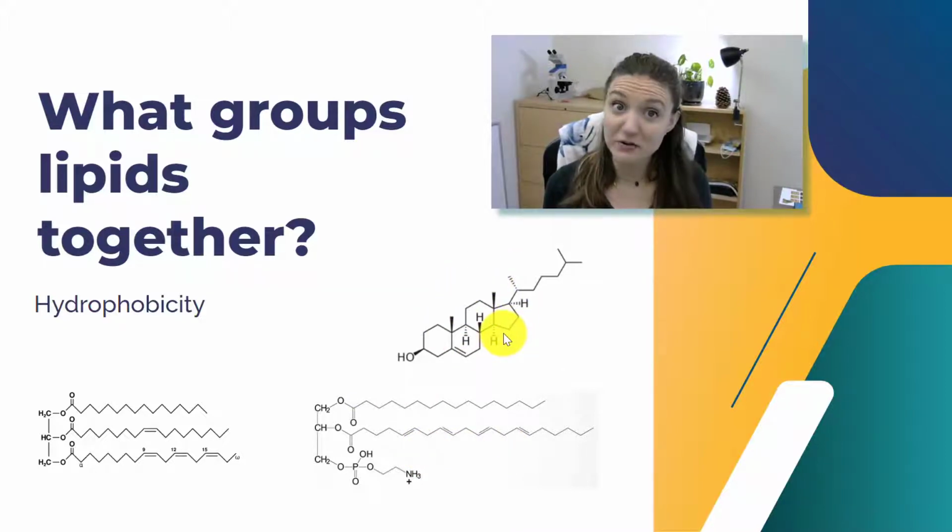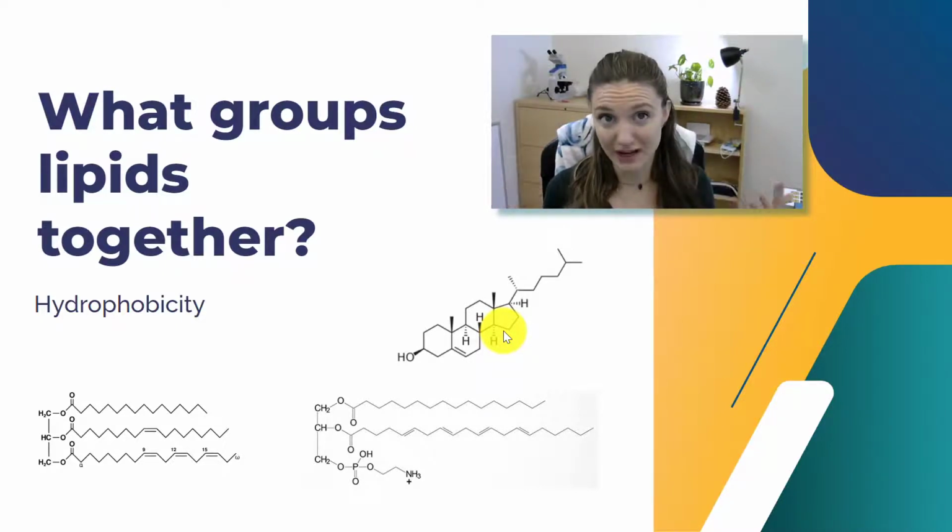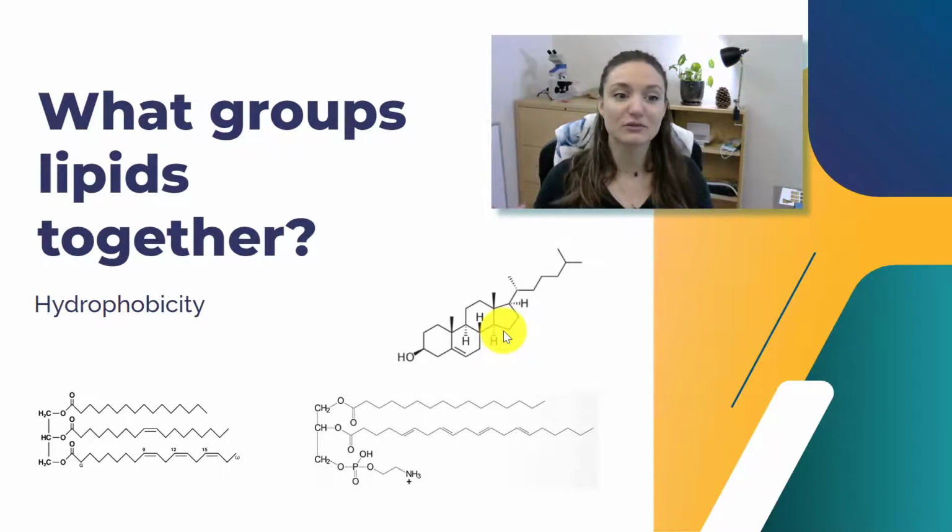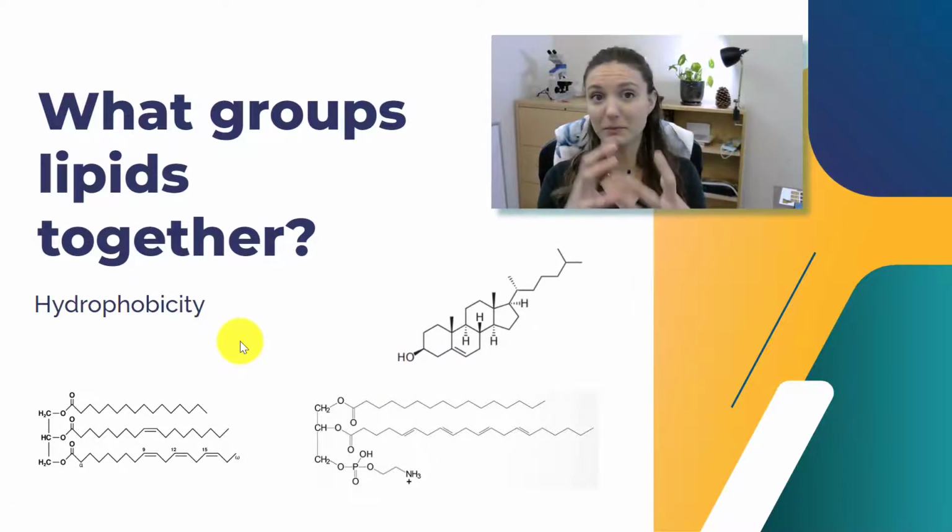And remember that the carbon-hydrogen bond is non-polar, which means they share the electrons equally, so there are no partial charges. When there are no partial charges on the molecule, or it's not an ion, water can't interact with it, so it's hydrophobic. Nonpolar carbon-hydrogen bonds, hydrophobic molecules, and it's these characteristics that all of these molecules share, which is why we group lipids together into one group of biomolecules.